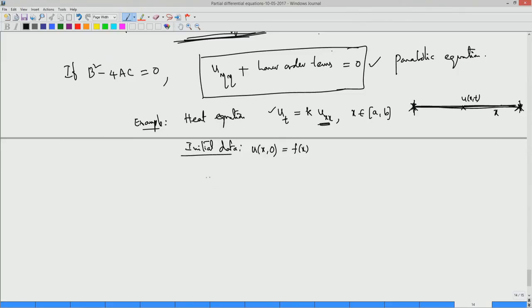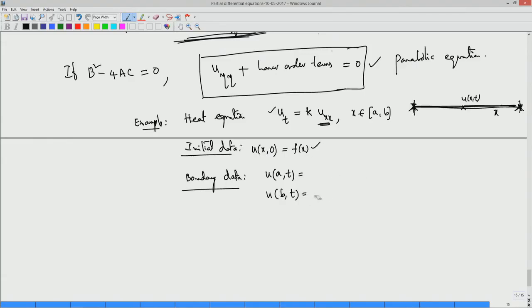The boundary data is u at A at t, which is some function f1 of t, and u at B at t, which is another function of t. So, these are given, the initial and boundary data.